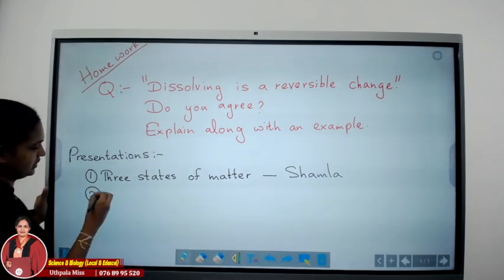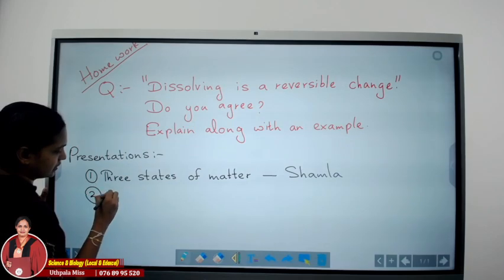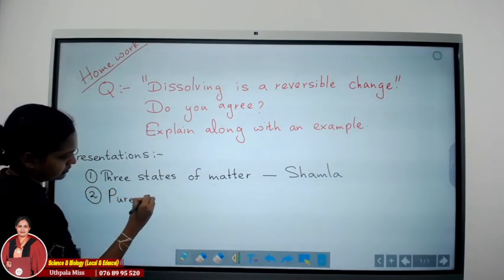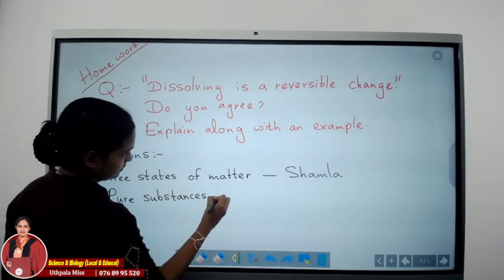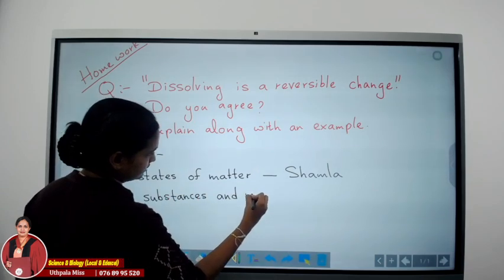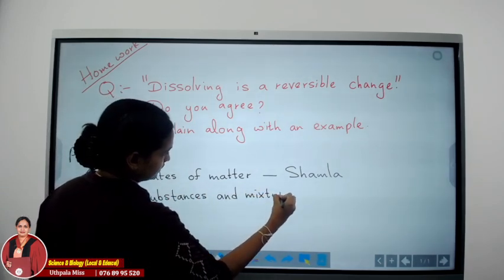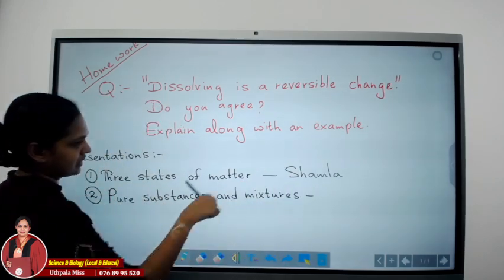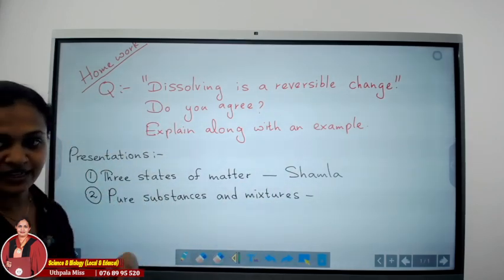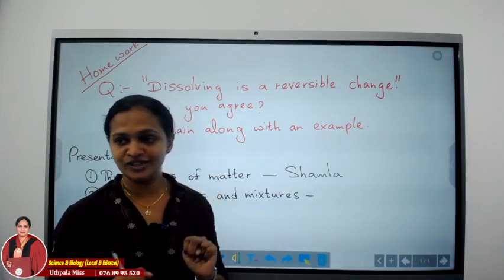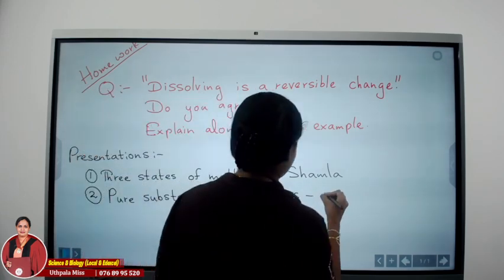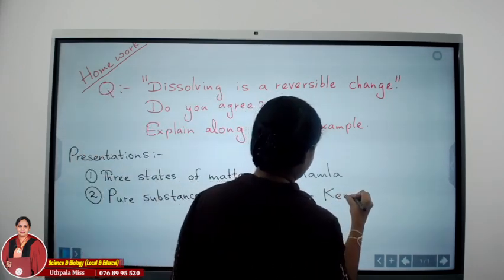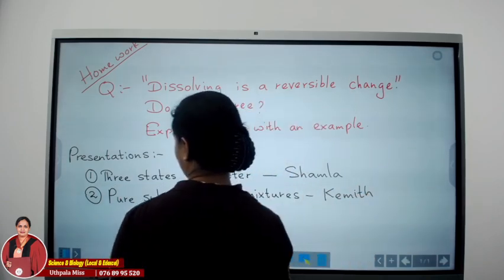The others are waiting. Excuse me, Miss. Is this for everybody for the presentation? No, only the ones whose names I have mentioned. So next time another 2 students will get the chance, right? Then I will mention another 2 names.